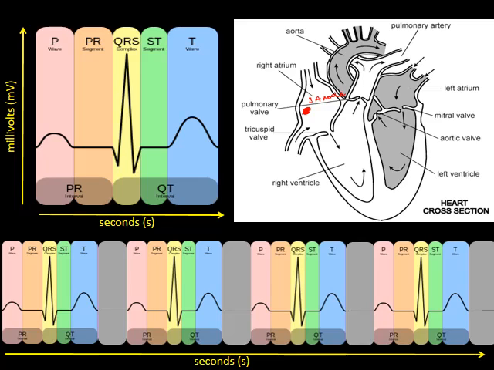Now, the wave of depolarization spreads across both atria, so the right atrium and the left atrium, which causes depolarization, which causes contraction of the atrial walls. So we know atrial depolarization and contraction is related to the P wave.